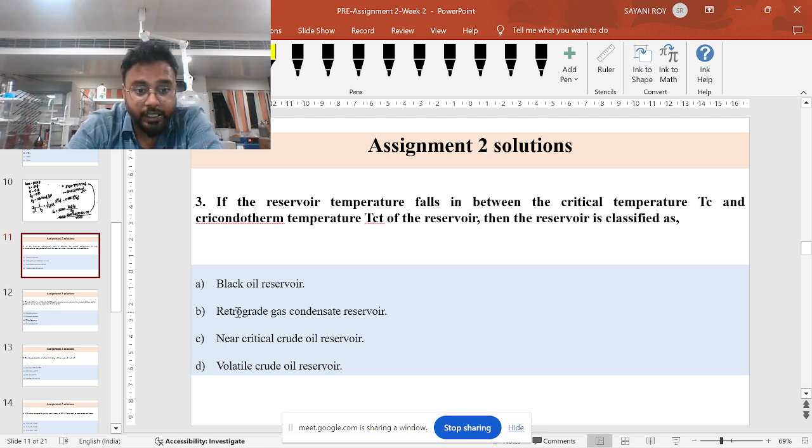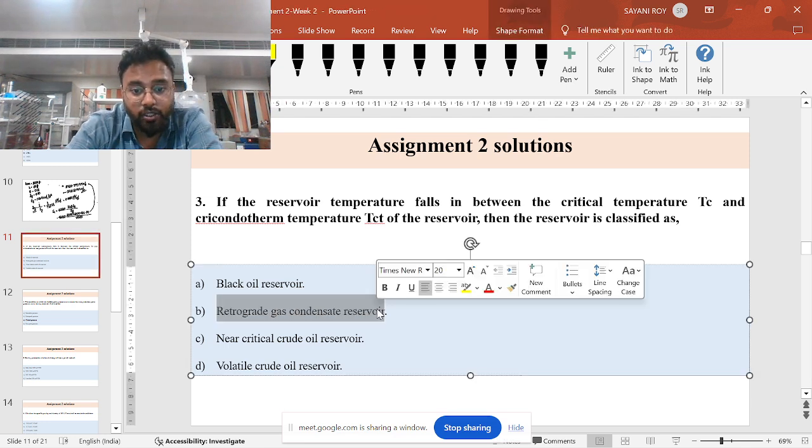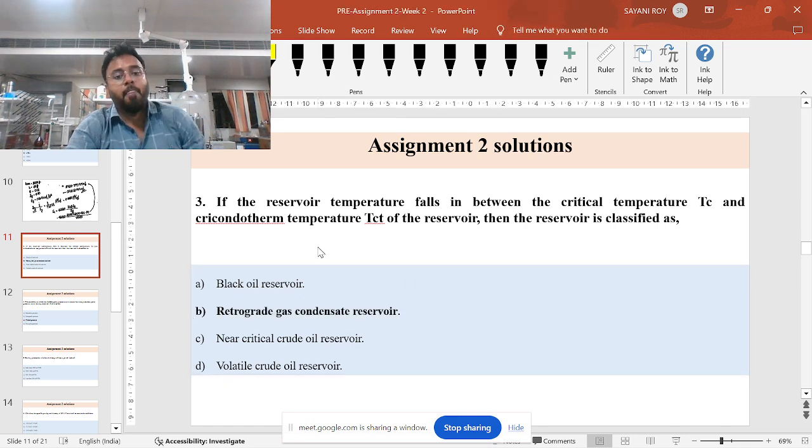Okay, the answer is retrograde gas condensate reservoir, option B. So write down, then we'll go to the next question.